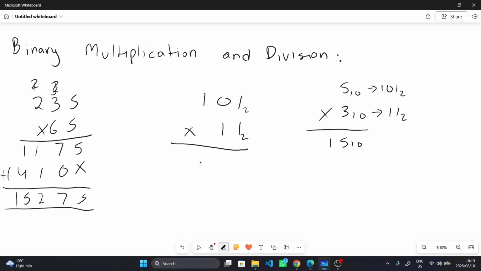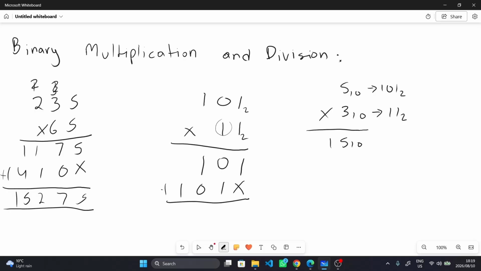So yeah, we do the same as the long multiplication, which is 1 times 1 gives us 1, 1 times 0 gives us 0, 1 times 1 gives us 1. Then we skip the place. Then we go to the second one here, this one. Then 1 times 1 is 1. 1 times 0 is 0. Then 1 times 1 is 1.